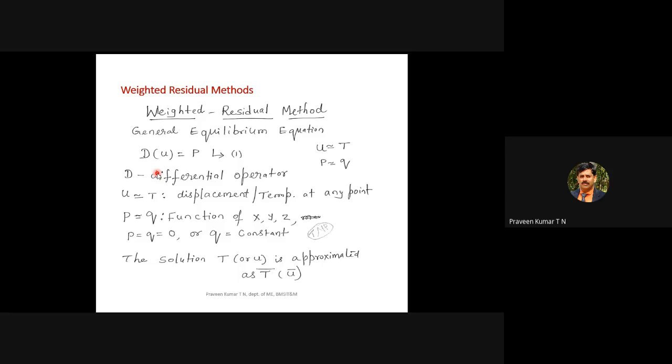You have to find the temperature using the differential equation, equation 1. In vibration, you studied dynamic analysis: m x double dot plus c x dot plus k x is equal to f of t, where the solution x is the displacement at any time t.